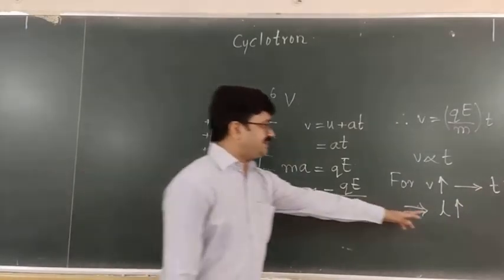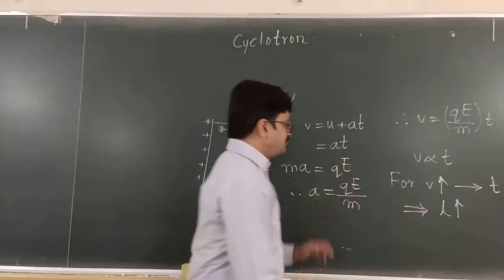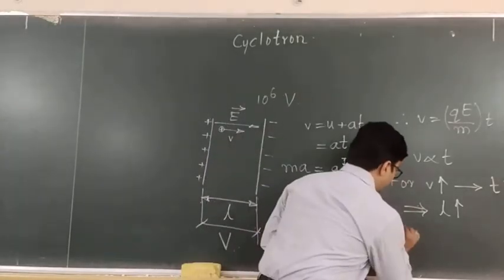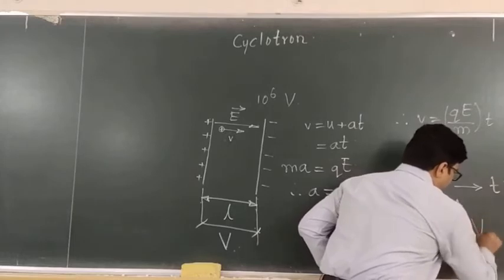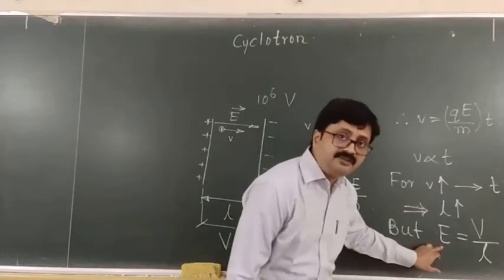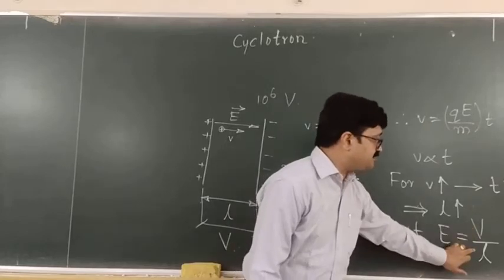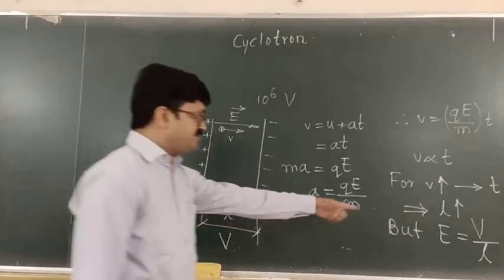If the length becomes large, then I know that E is equal to V by L. Electric field is potential difference per unit length; potential gradient is electric field.